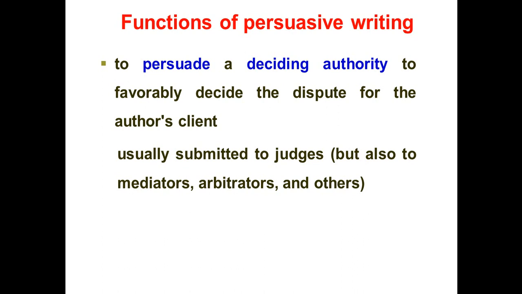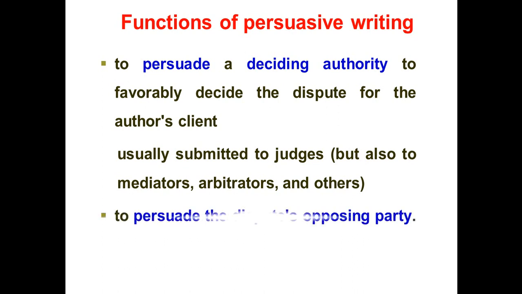Sometimes it's also used to persuade others, such as the media, in order to involve them in solving your case. Sometimes you have meetings and negotiations with the other parties to solve the problems, so persuasive writing also serves to persuade the opposing party in the dispute.